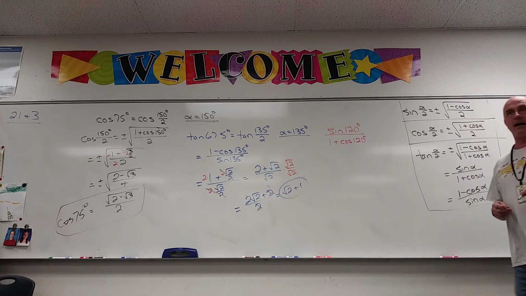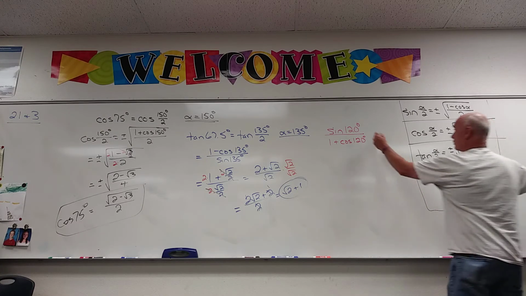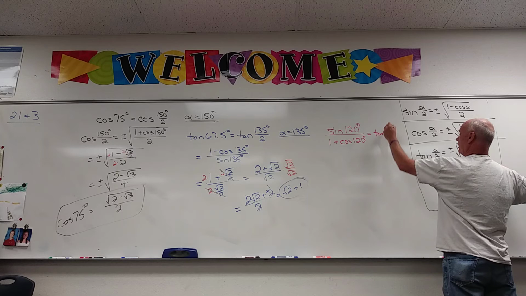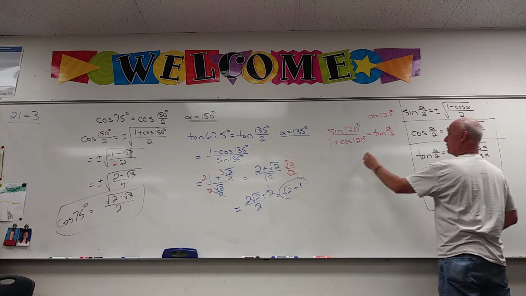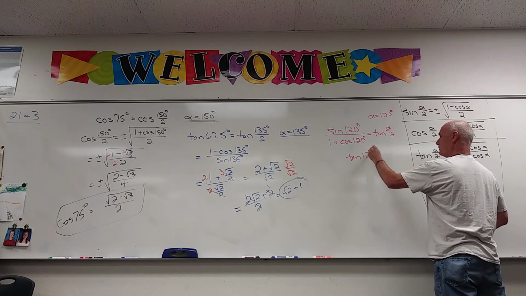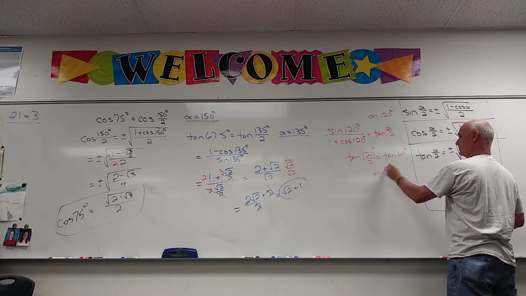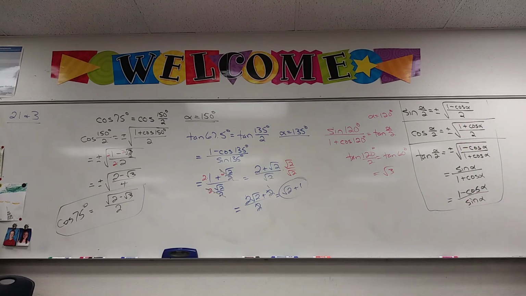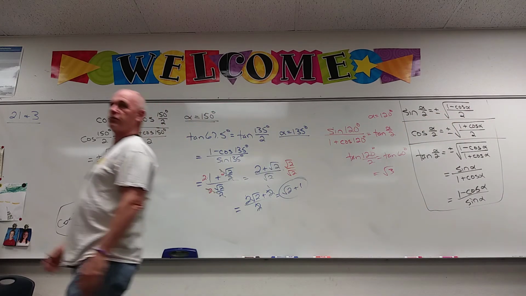Now, you could crank that out, but what I would hope is you go, ooh, it's that. So that's going to be the tangent of alpha over 2, but alpha is 120. So therefore, it's the tangent of 120 over 2, which is the tangent of 60, which is square root of 3. So in that way, I'm not telling you which one to use, but I'm giving you this one. So, does that make sense? Yeah. Okay. Any others?